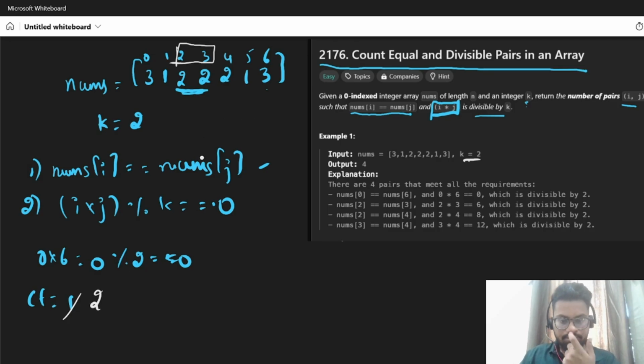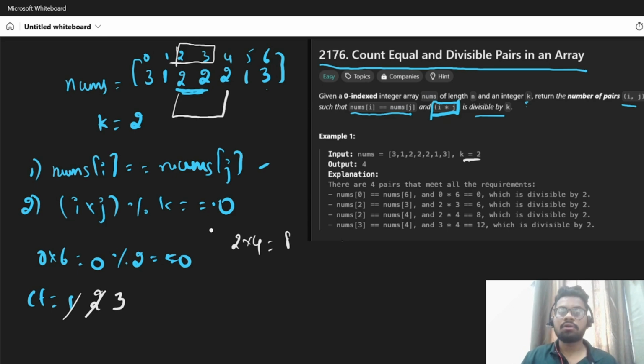And if you see these two values, second index and fourth index, both values are equal. If you multiply their indices, that is 2 into 4, 8, which is still divisible by 2. So now increment the counter.